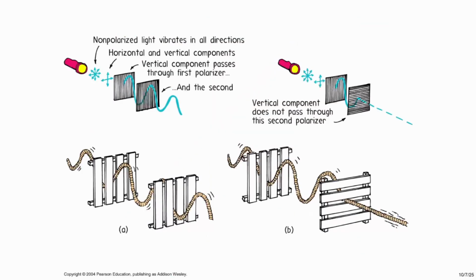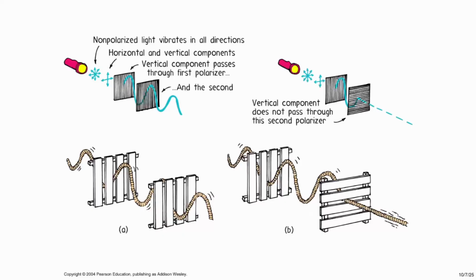It's a lot like a fence. Mechanically, if you were playing with a rope and you were sending waves down a rope, if you send it through a fence with vertical slats in it, then you can wiggle that rope directly through that fence opening. There's nothing going to get in the way.